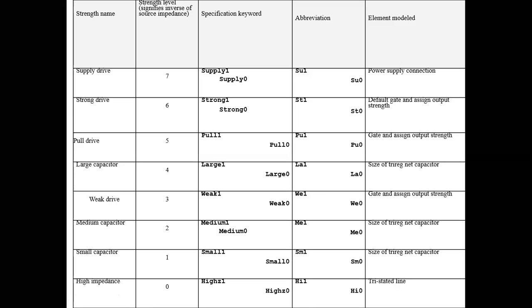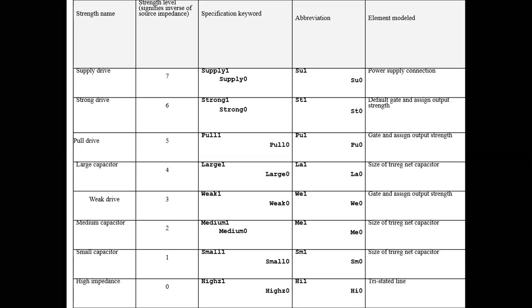So if a strong drive and a pull drive are connected, as in the previous example where P is the final output signal, and I connect a strong drive for A and a pull drive for B, which one is it going to give as the output? It is going to give either strong 1 or strong 0 based on the input we are giving there.